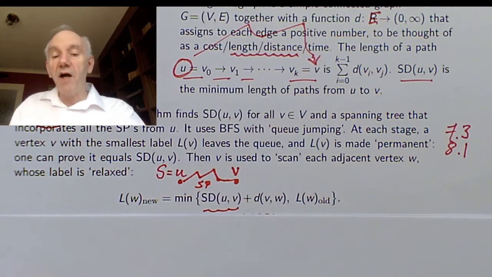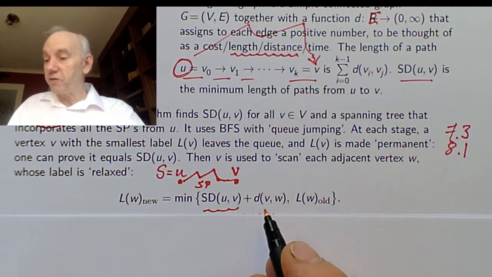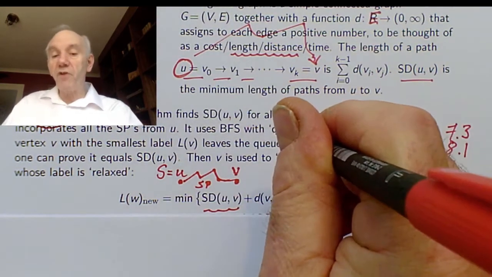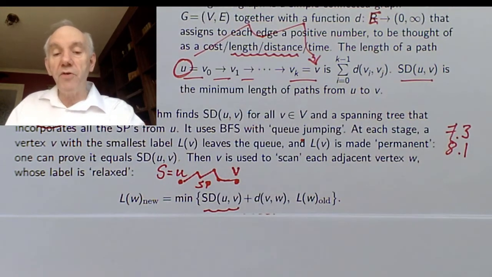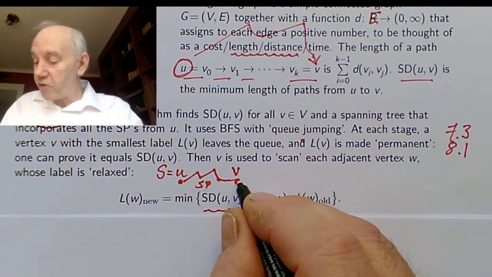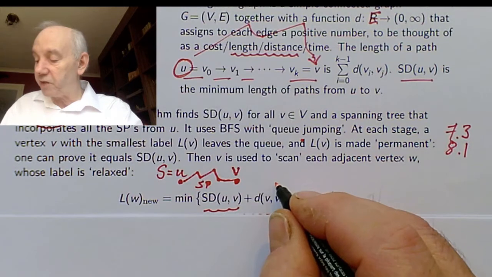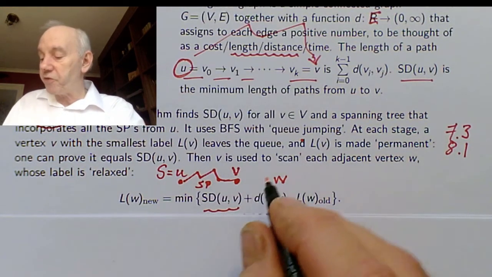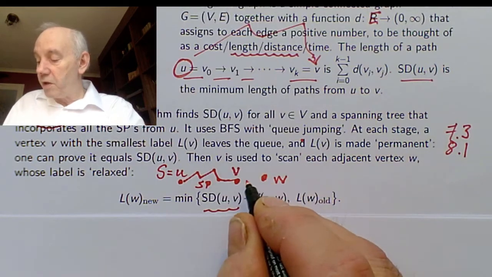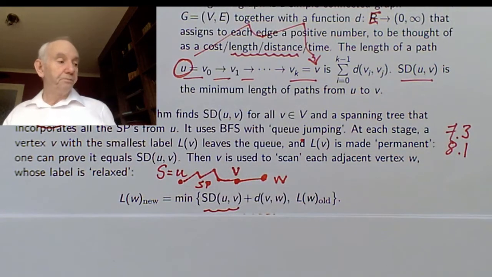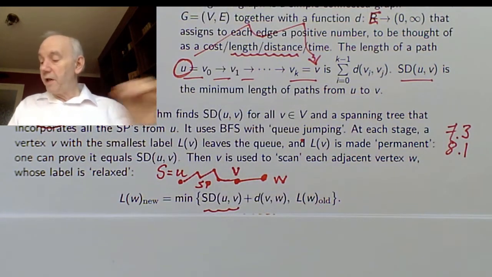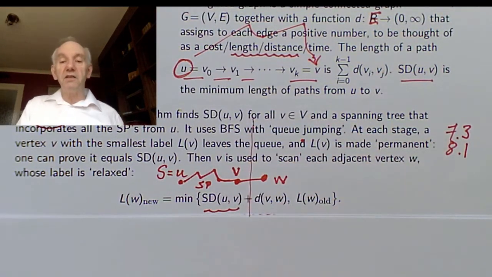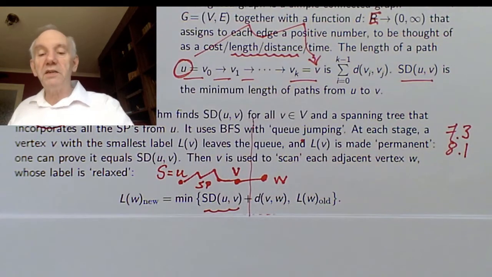And then we use V, which we've moved in from some other part of the graph, to scan all the adjacent vertices, including this vertex W we're talking about in this formula. So there's a single edge from V to W. I'm thinking of the vertices of the graph as being divided into two parts.